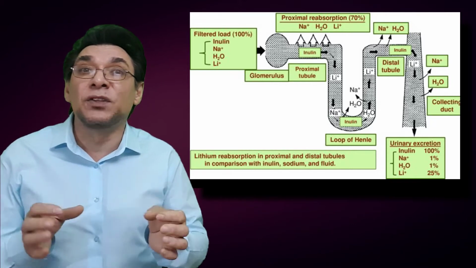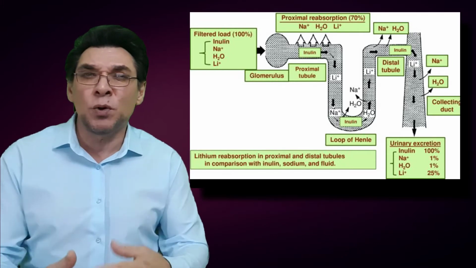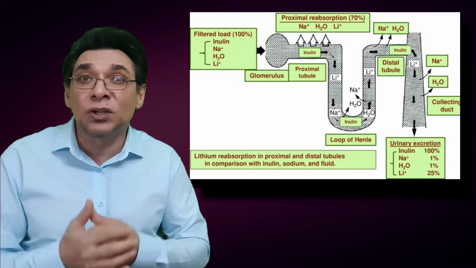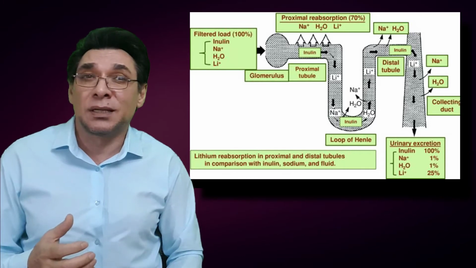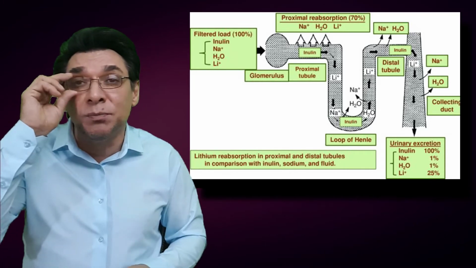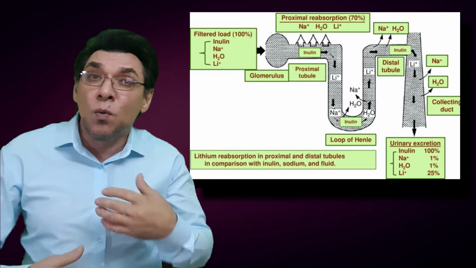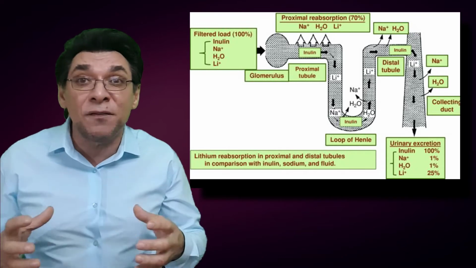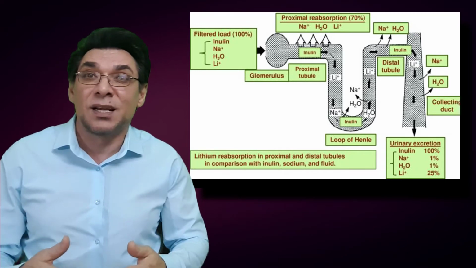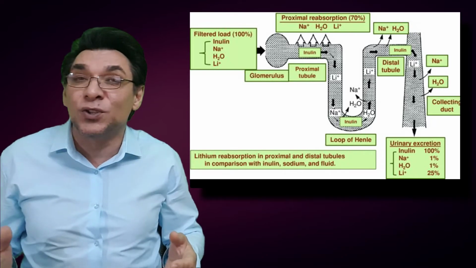The wall of the thin segment of the descending limb is permeable to water and moderately permeable to solutes. As the filtrate passes through the descending limb of the loop of Henle into the medulla of the kidney, water moves out of the nephron by osmosis, and some solutes move into the nephron by diffusion.